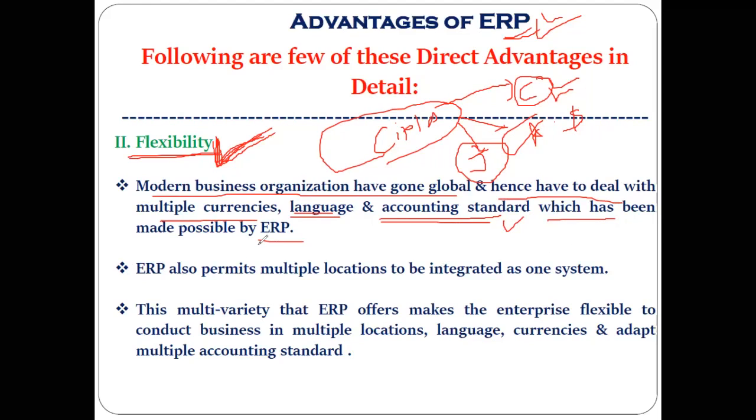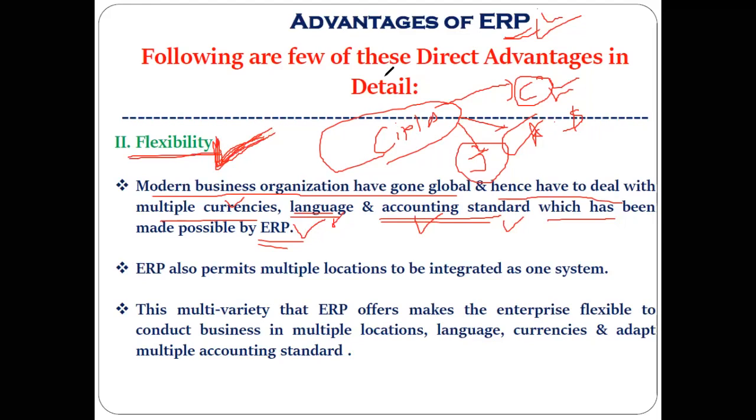All these things can become possible because of the ERP, because ERP can be built with multilingual facility, ERP can be built to handle multiple currencies, multiple languages, multiple accounting standards. ह्या सगळ्या things are possible easily, and that is the reason the direct advantage is what? Flexibility is available with the ERP.